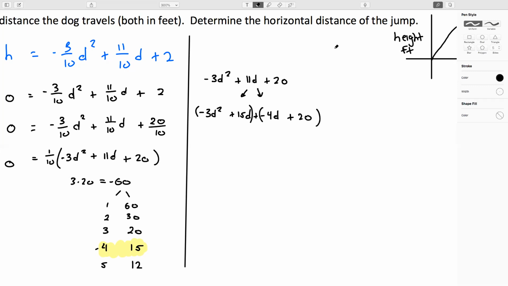We can pull out a d for both terms of the first bracket. We can also pull out a 3. So let's write 3d, and the bracket will be negative d plus 5. And now we want to turn the other set of brackets into negative d plus 5.